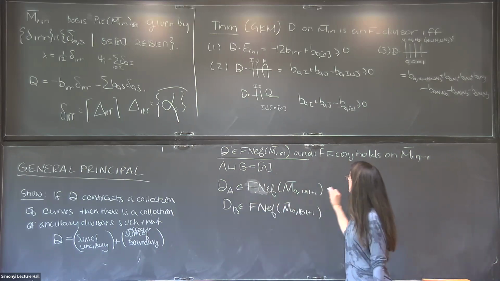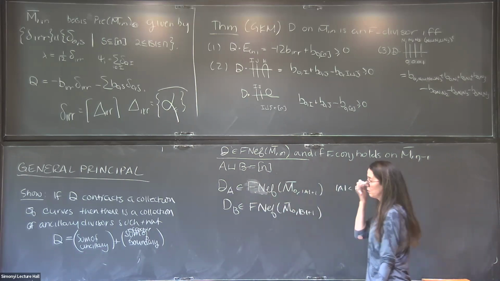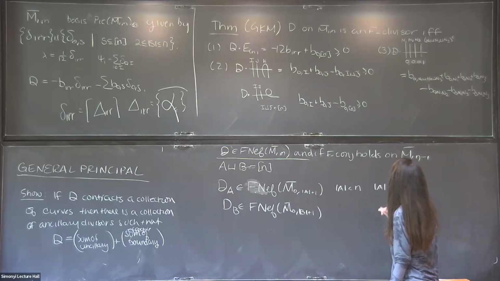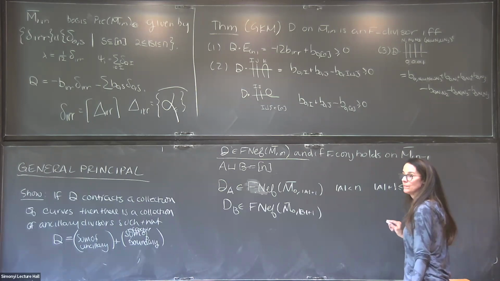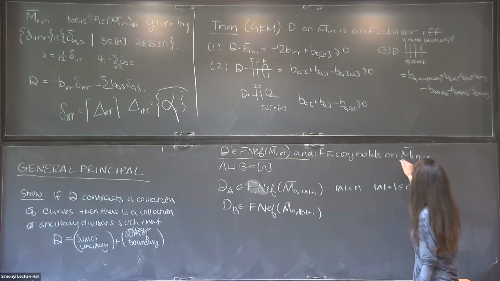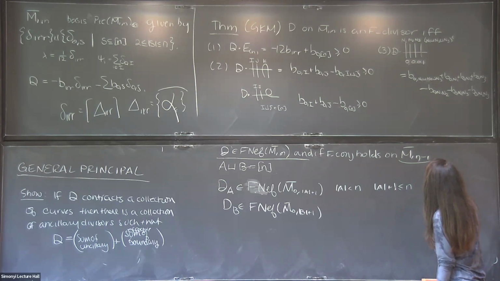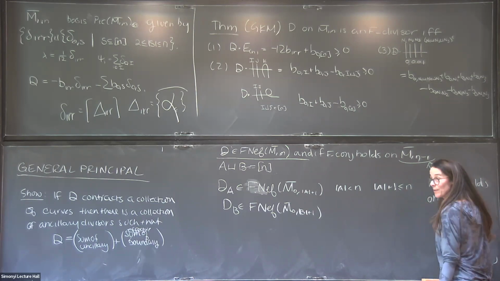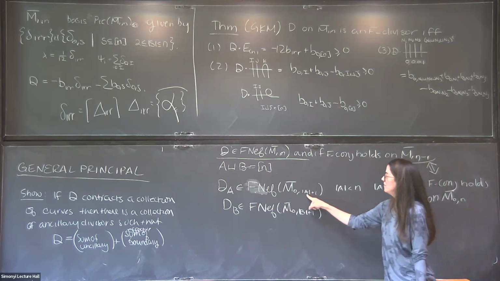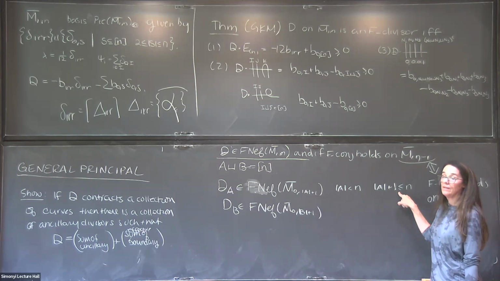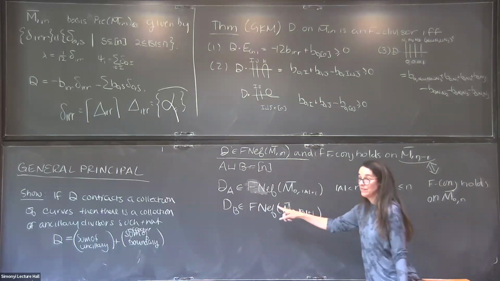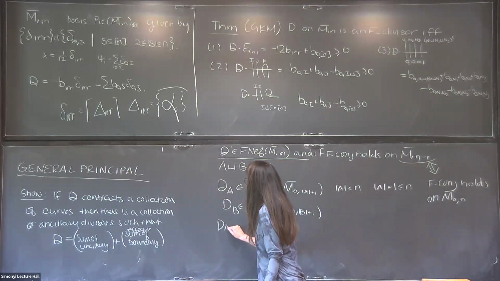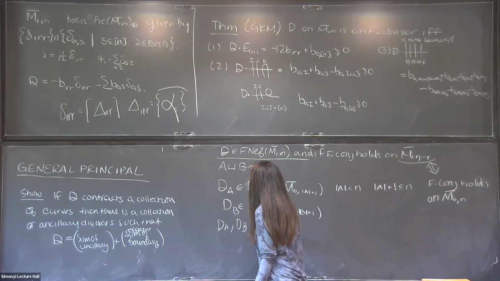So down here, since A is less than N, A plus 1 is less than or equal to N. Now, the F conjecture holding on M1N means the F conjecture holds on M0 N minus 1 plus 1. So these are F divisors on some M0N in the range where I know the conjecture is true. So these are actually nef divisors. So DA and DB are nef.